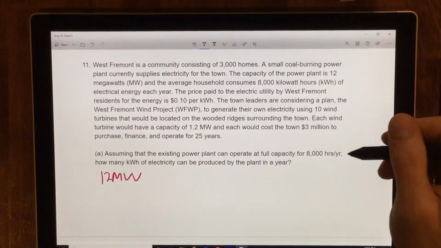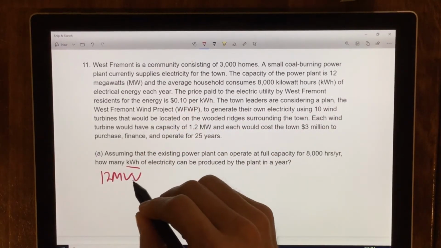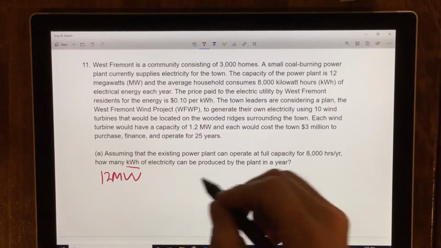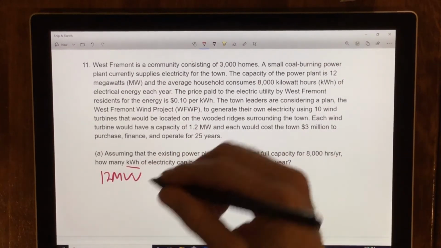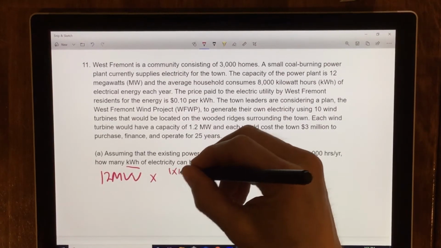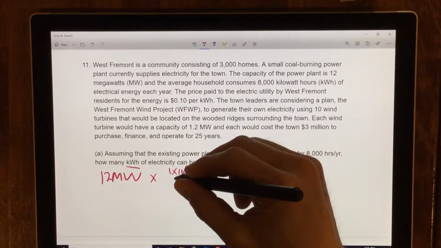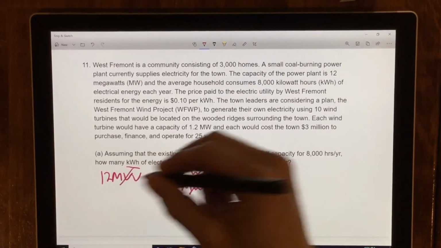We don't want megawatt hours, we want kilowatt hours. So what we do is we convert this to kilowatts, then multiply the kilowatts by the hours, and that's how many kilowatt hours per year. So for megawatt, we're going to do 1 times 10 to the 6 watts over 1 megawatt. That cancels megawatts.